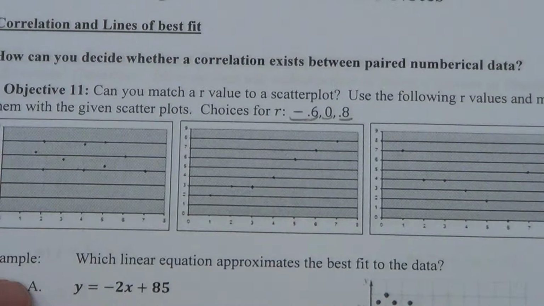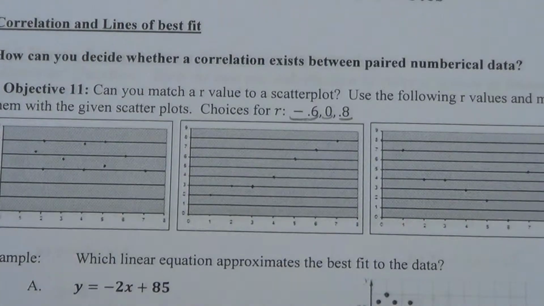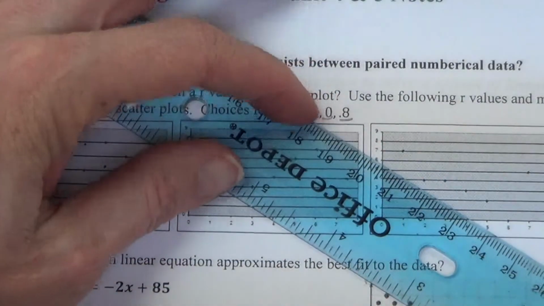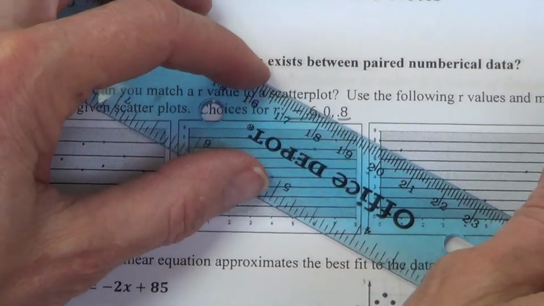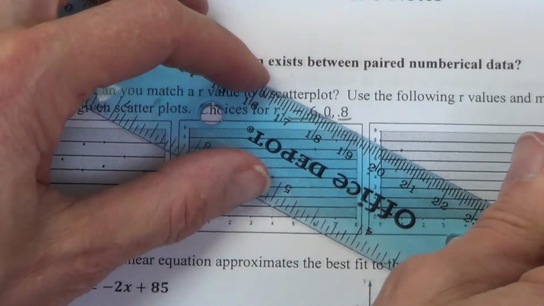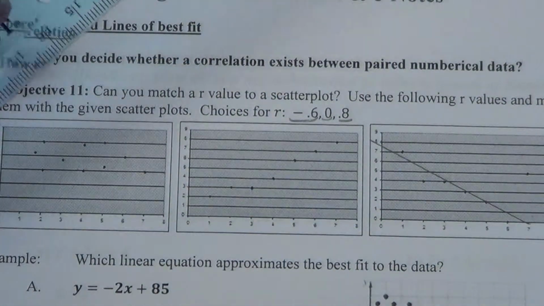Okay, so I am hoping that you can see the trends here. For the most part, most of the dots are going about right here. You could draw a line through about the average amount of them, equal number above and below.